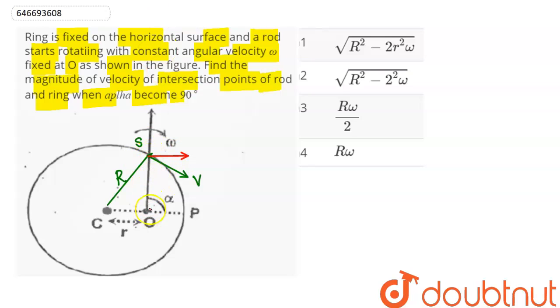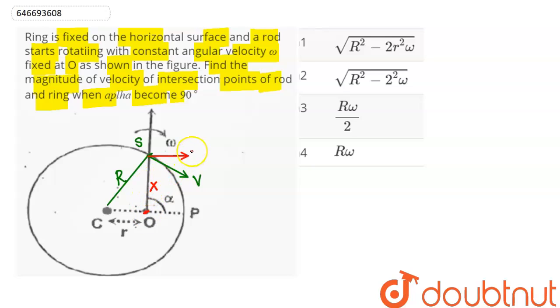This point S will be moving in a circular path with respect to point O with angular velocity omega. Suppose the distance between O and S is x.